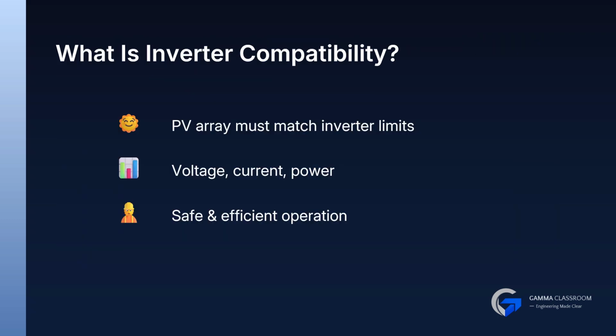Inverter compatibility means the PV array operates safely within the inverter's electrical limits. That includes voltage, current, and power. If any limit is exceeded, the system becomes unsafe or inefficient.